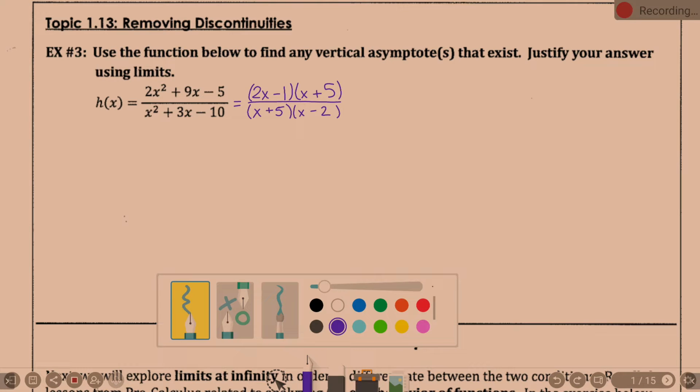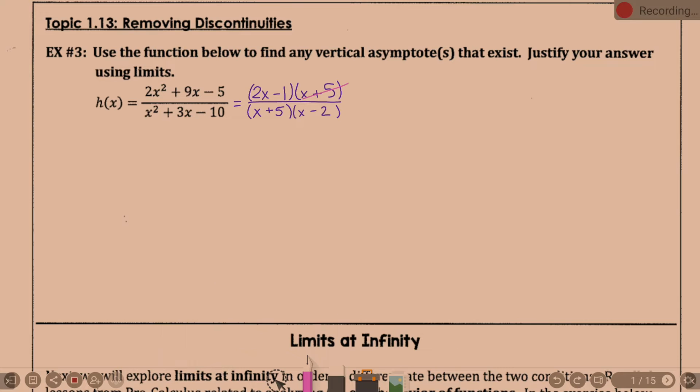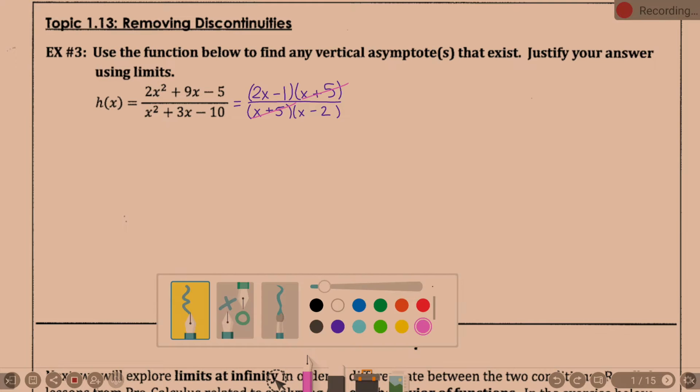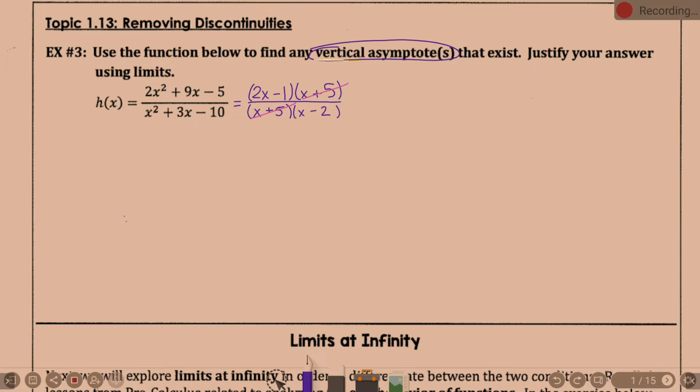Okay, so what did we just discover? X plus 5 in the numerator and denominator. What did our question ask us? Use the function below to find any vertical asymptotes. Justify your answer using limits. Excuse me. So what are we thinking? There is a vertical asymptote at x equals 2.